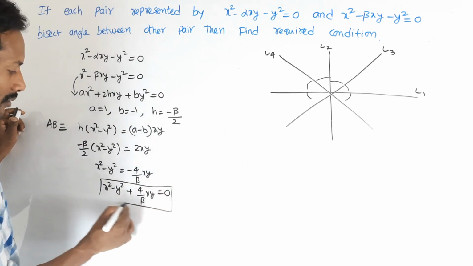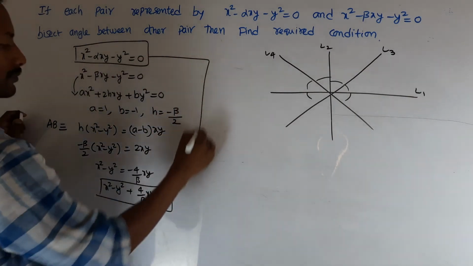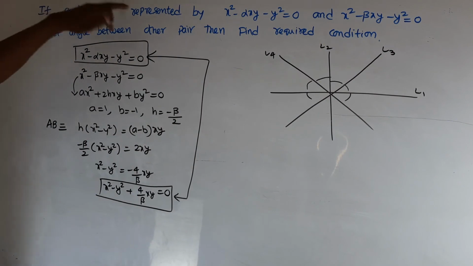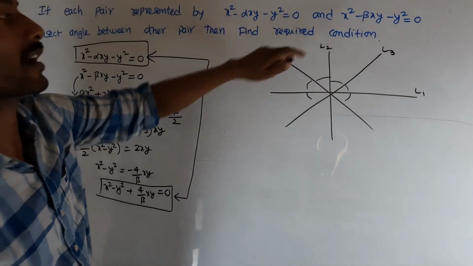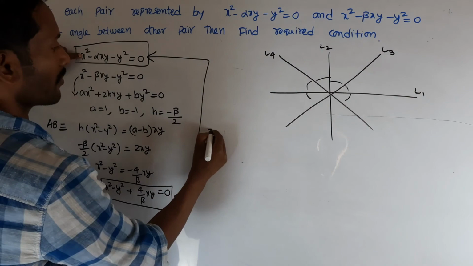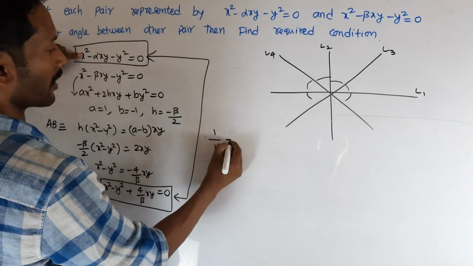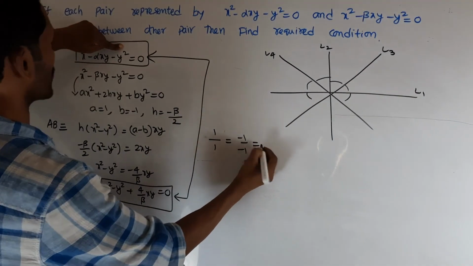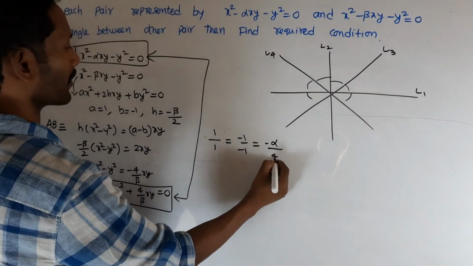Now compare these two. You get the condition. What is the question? Each pair represented by two lines bisects the angle between the other pair, then find the required condition. Compare these two: coefficient of x square by coefficient of x square, 1 by 1, equal to coefficient of y square, minus 1 by minus 1, equal to coefficient of xy, minus alpha by 4 by beta.